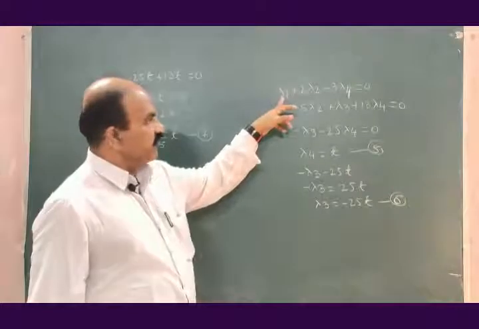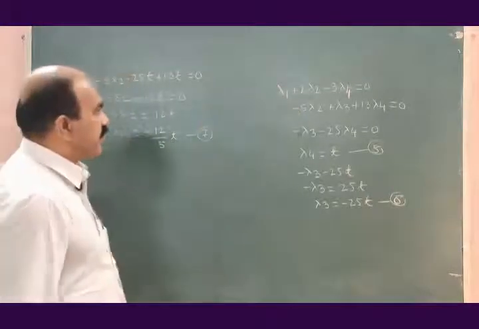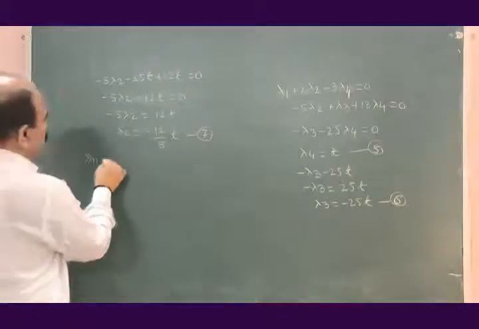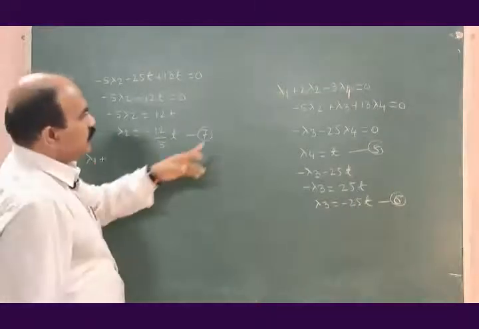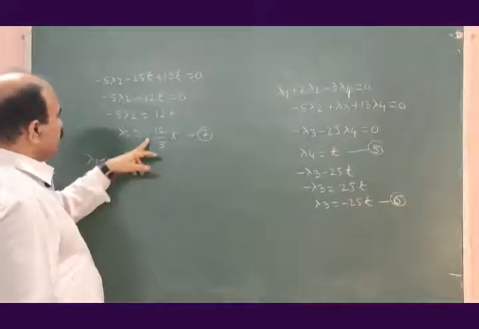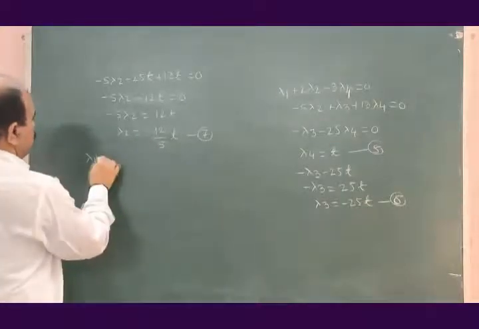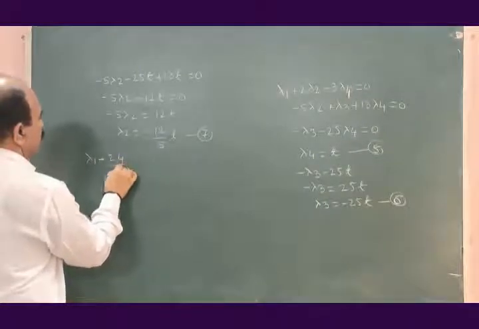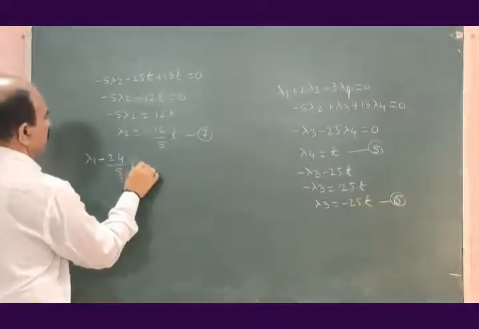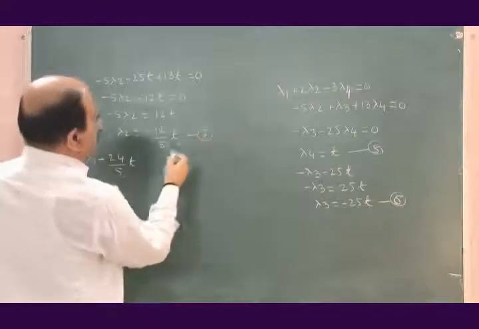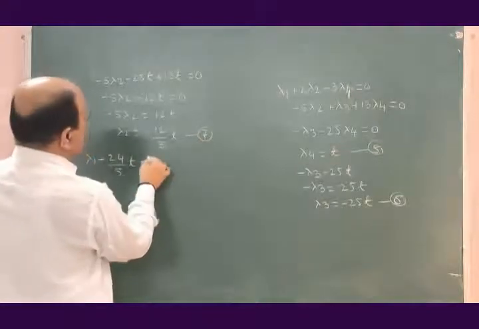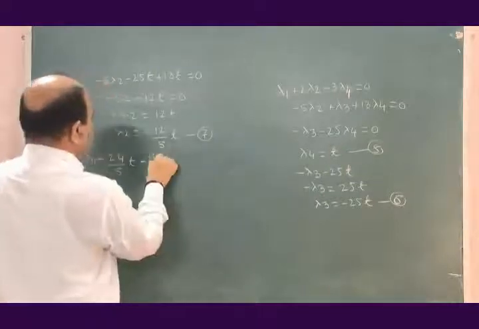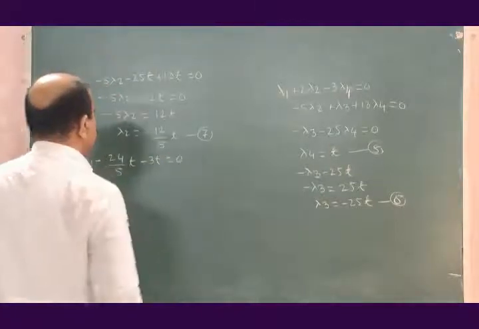Now we need to find value of lambda 1. So lambda 1 plus 2 lambda 2. Lambda 2 is this, minus 24 divided by 5 t, minus 3 lambda 4. And what is lambda 4? It is t.